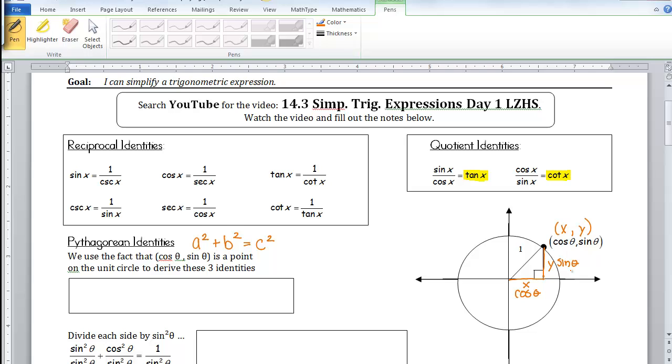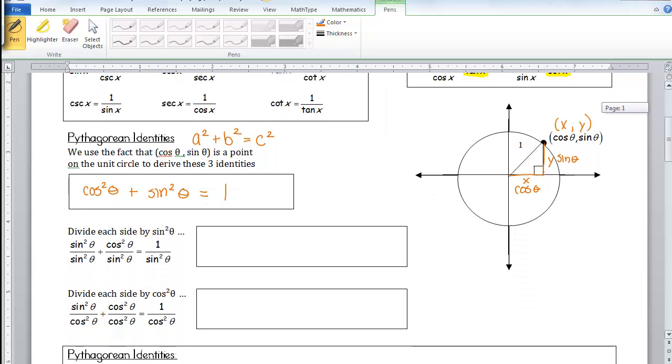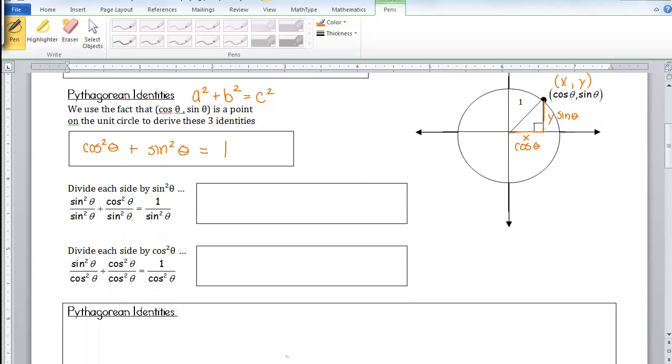So with our Pythagorean theorem, I could take cosine squared and add to that sine squared and get our radius squared, which 1 squared is just 1. Anytime you have cosine squared plus sine squared, you can replace those two terms with a value of 1. Now we also have 2 more Pythagorean identities.